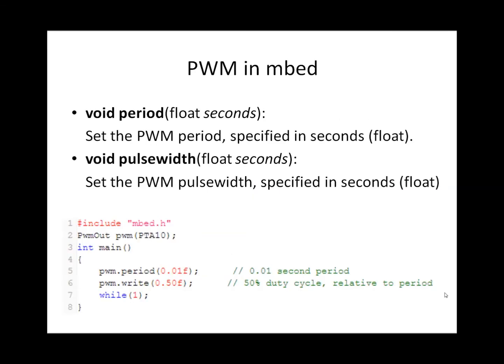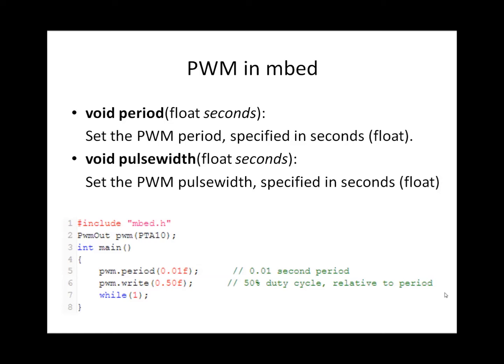Okay, mbed is nice. It has the period and it has pulse width, and I think I missed the period here, whatever. So here it's super easy. mbed provides you an API. By the way, is pulse width modulation in hardware or software?